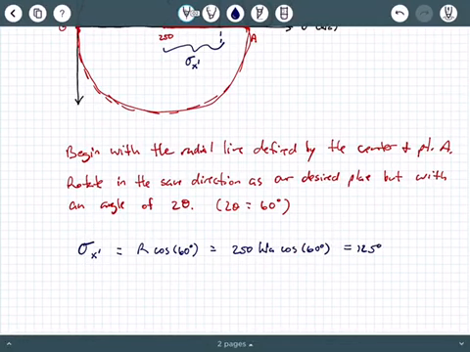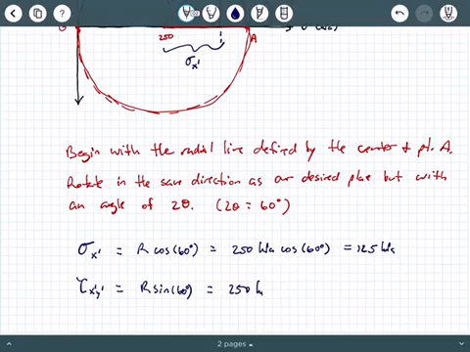So I'm literally operating in this right triangle. Sigma x prime is going to be the radius, 250 kPa, times the cosine of 60 degrees. So 250 kPa times cosine of 60 degrees gives me 125 kPa.